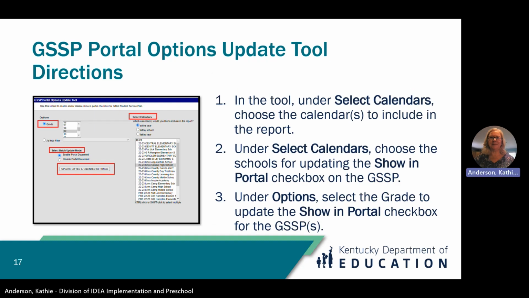In the tool, under Select Calendars, choose the calendar to include in the report. Under Select Calendars, choose the schools for updating the Show in Portal checkbox on the GSSP. Under Options, select the grade to update the Show in Portal checkbox for the GSSPs.